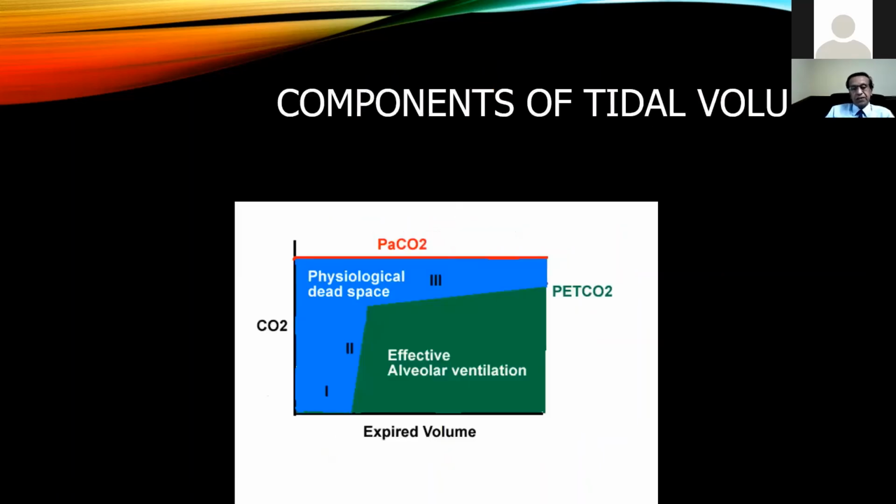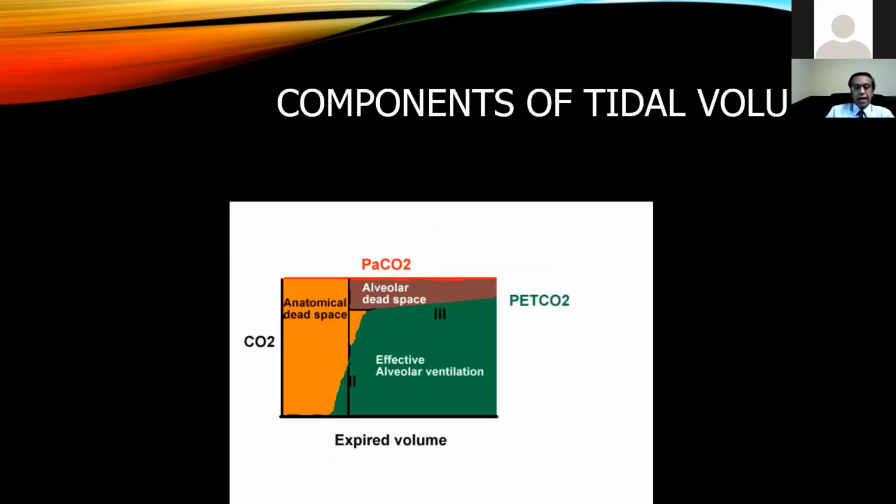However, with the advent of the volume capnogram, we are able to actually determine all the components of a tidal volume, namely the effective ventilation and the physiological dead space, the components being anatomical dead space and alveolar dead space. And somewhere on this alveolar plateau is the mean alveolar PCO2. Volume capnography is able to give us this value of mean alveolar PCO2.